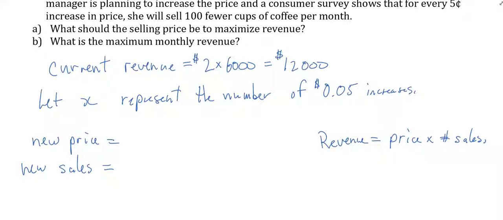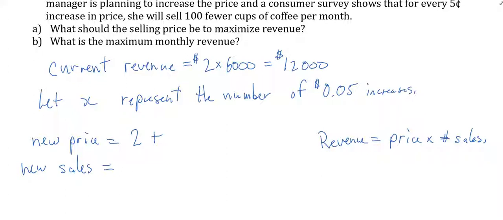How many 5 cents? So it's going to be $2 plus 5 cents times the maximum. Not the maximum, but you're on the right track. Times the number of increases, which is x. That's right. So it's going to be 0.05 times the number of increases, which is x.